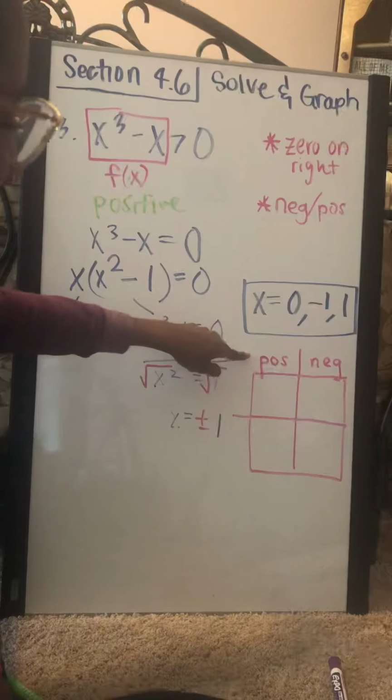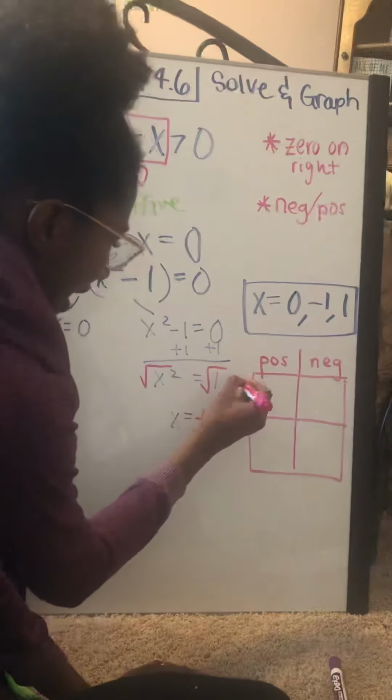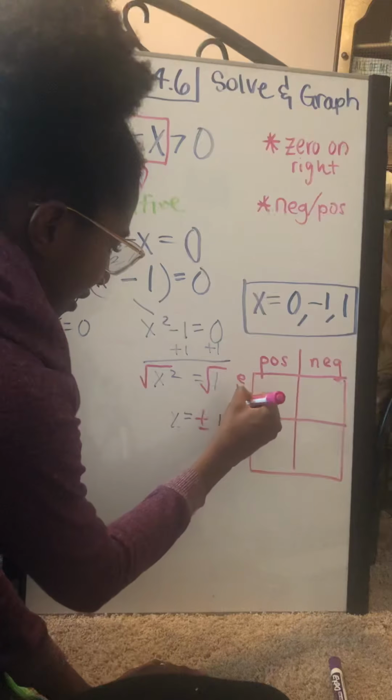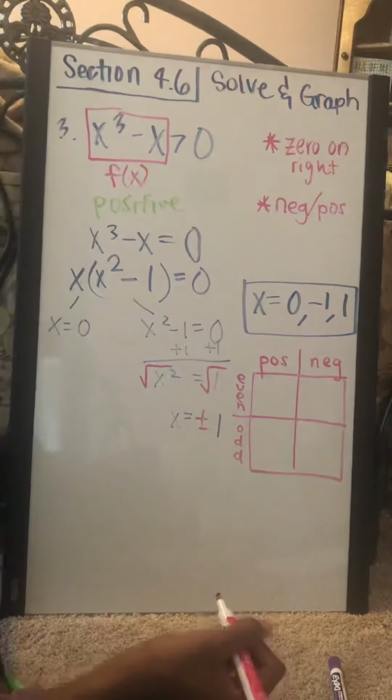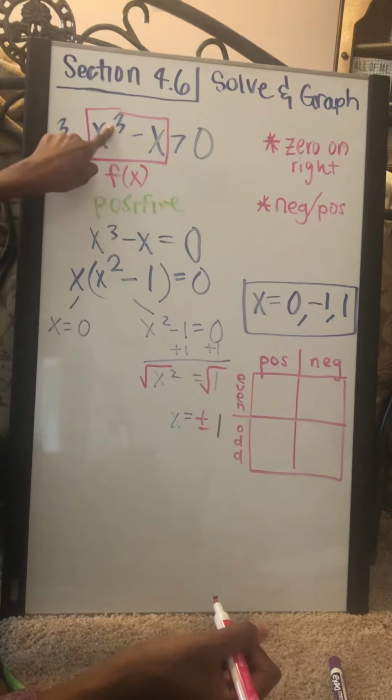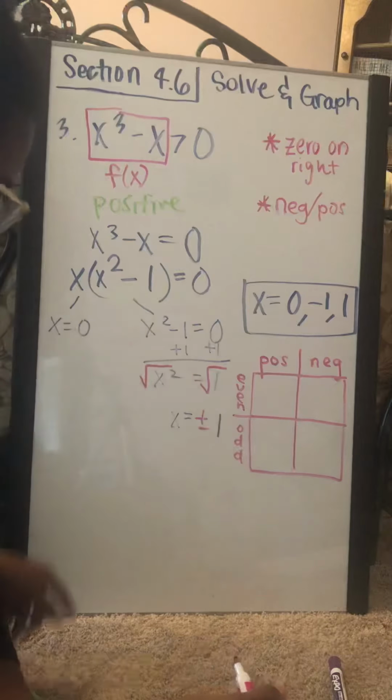So we have positive, we have negative, and then we have even, and we have odd. This is going to be in relation to whatever your highest power is, and whether whatever is in front of it is positive or negative, and then whether the highest power is even or odd.